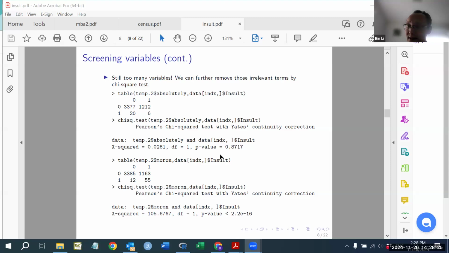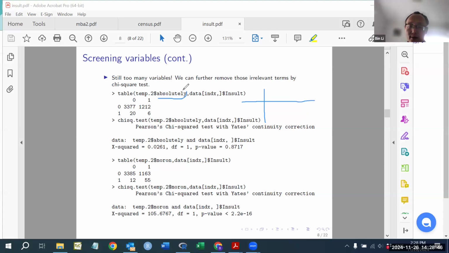This is categorical data analysis. We want to find those words that have discriminant power, or are associated with the insulting status. So this is a chi-square test. Let's say here I'm showing an example.